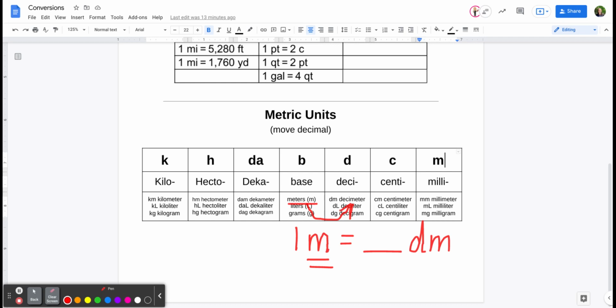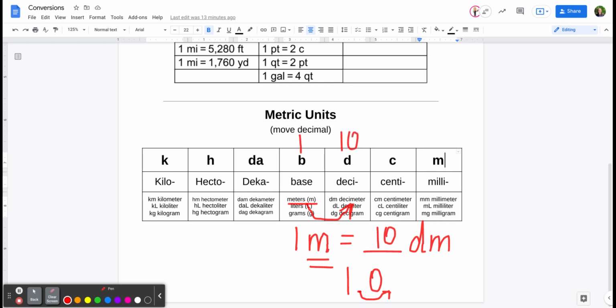So that means with my 1 meter, I have my decimal at the end of the number, right? It's a hidden decimal there. And I'm going to have to move my decimal once to the right. Well, if I move it once to the right, I'm filling in a 0 there. 1 meter would be equal to 10 decimeters. And I'm going to write this up top because I'm hoping we will notice a pattern.